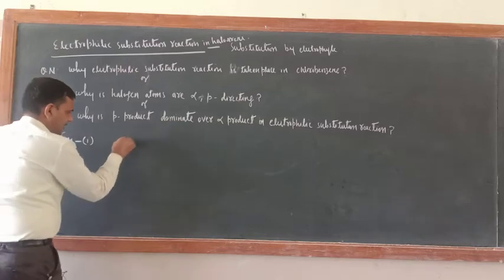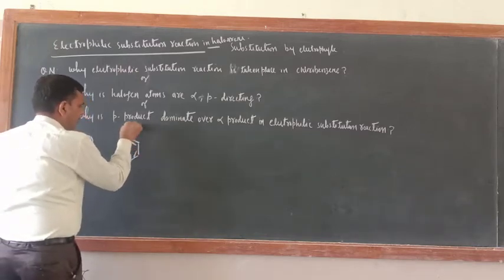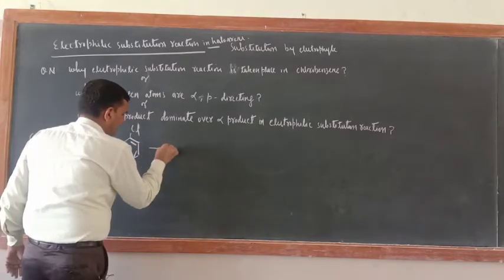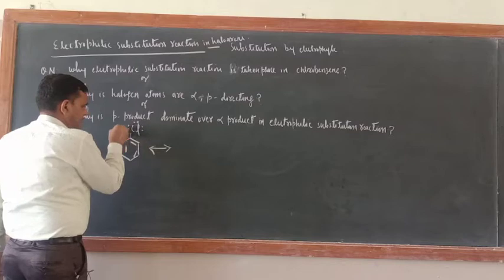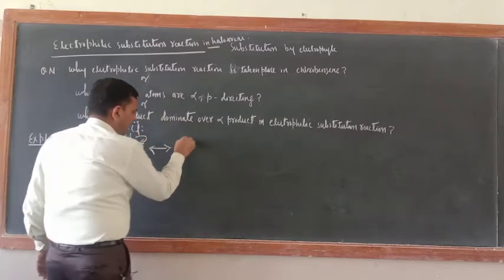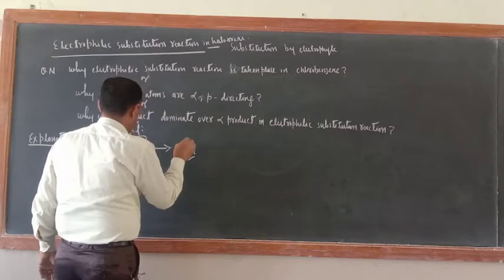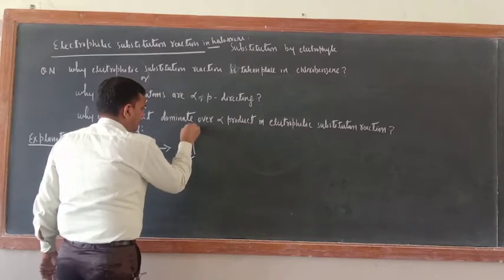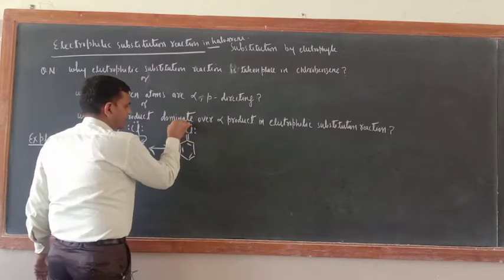What is this one? This is chlorobenzene. Now just see, here a lone pair of electrons is there. So now this will come here, a resonating structure. Here a double bond, here 2 lone pairs will still be there, positive sign here.